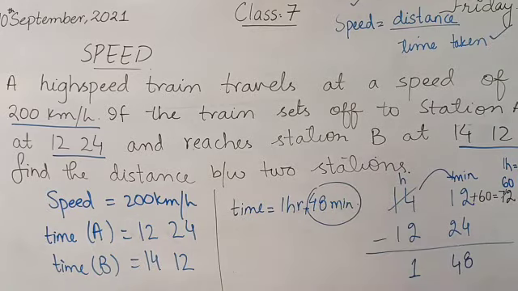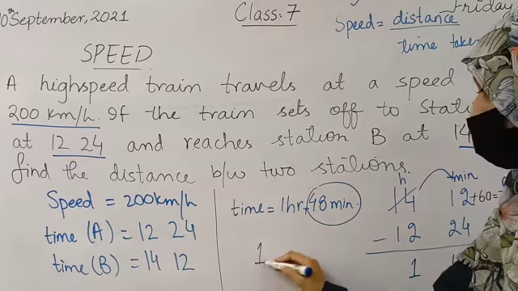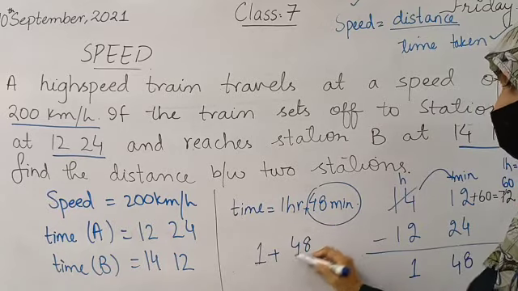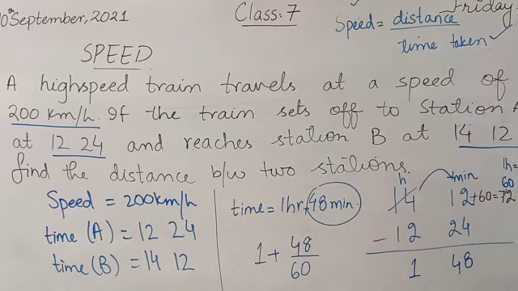What should I do to convert these minutes into hours? Good. I'll divide by 60. So it will become 1 plus 48 over 60, which is 1 times 60 plus 48 over 60, equal to 108 over 60. Now this is in hours. Okay? So now we have time which is 108 over 60 hours and speed which is equal to 200 km per hour.